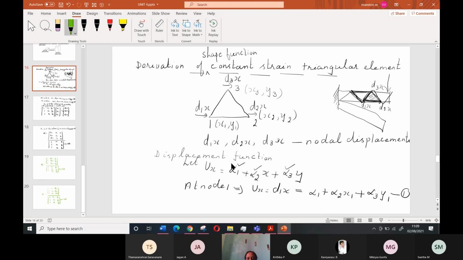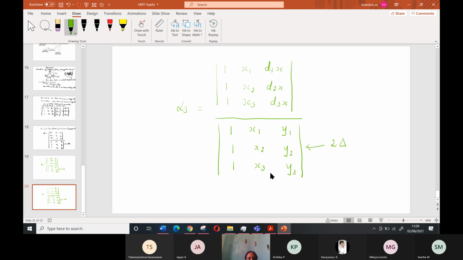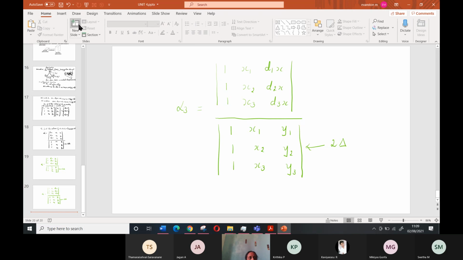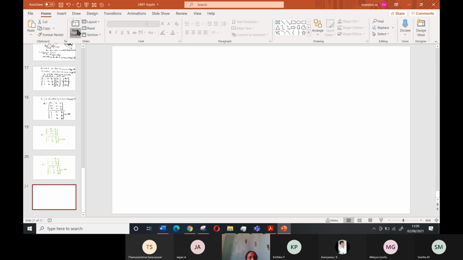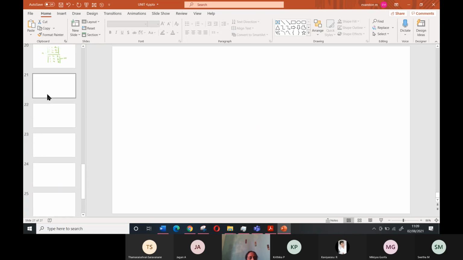So you have to substitute the values of alpha 1, alpha 2 and alpha 3 in this equation, the primary displacement function. So what we have to do is, one minute.